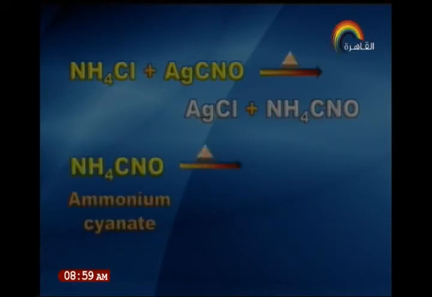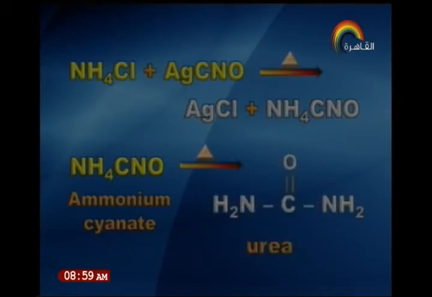The ammonium cyanate, NH4CNO, with more heating, directly arrives at urea. It's a good organic compound, with C double bond O, an important functional group, and on the two sides an amine group, NH2 and NH2. All of them together, you have urea.